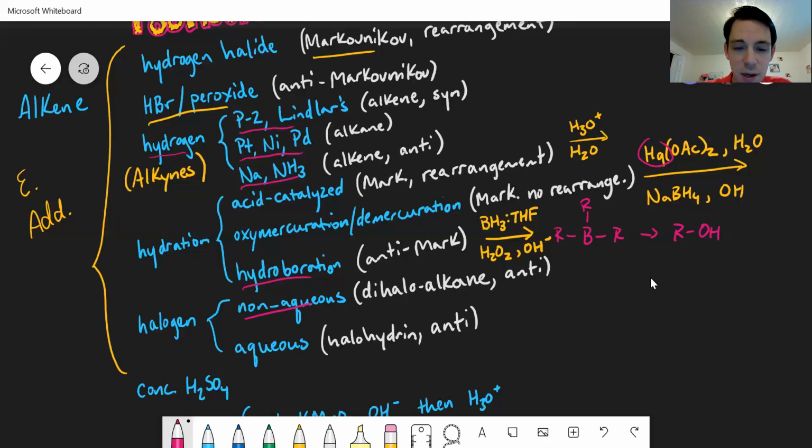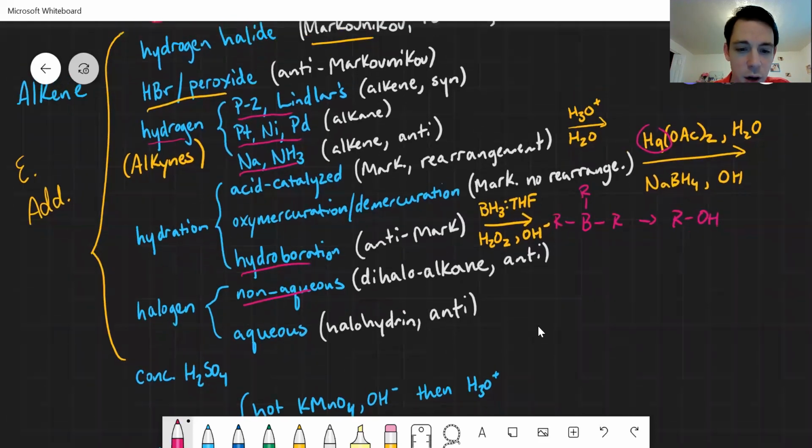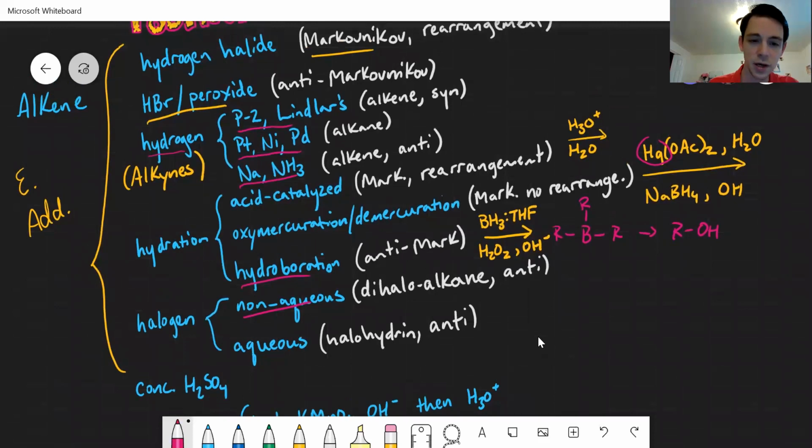If it's done in an aqueous environment, we get a halohydrin. This is just so much more likely to happen than getting 2 halogens added on, because in an aqueous environment, water would be much more present than say Cl- or Br-. Okay, also anti position.